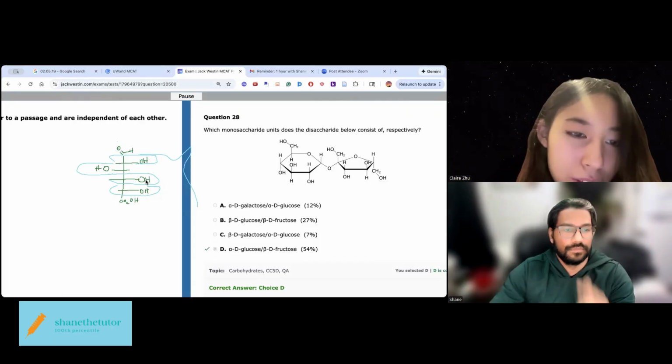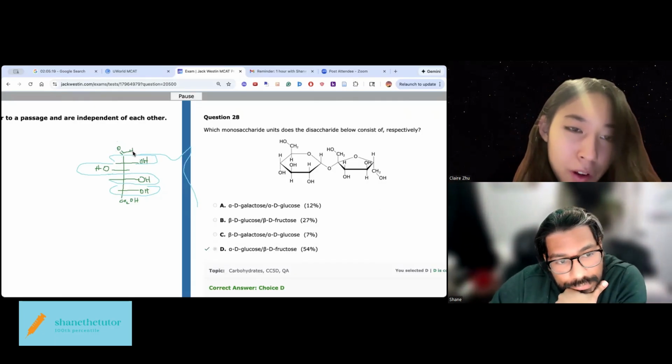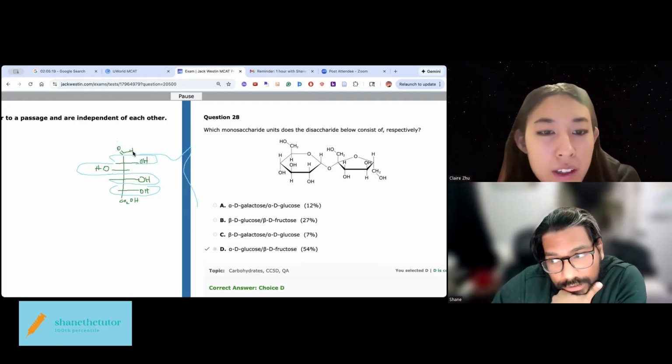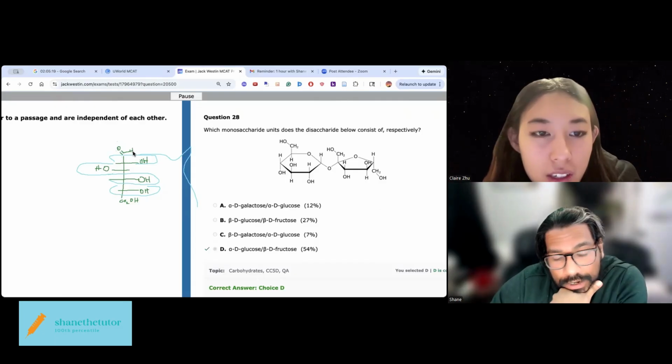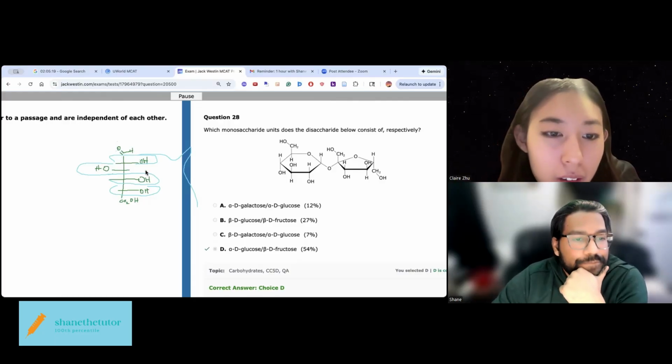So the fifth carbon would attack the aldehyde either from the top or bottom. That's what creates either alpha or beta. So which hydroxyl? The fifth one, or this one down here.